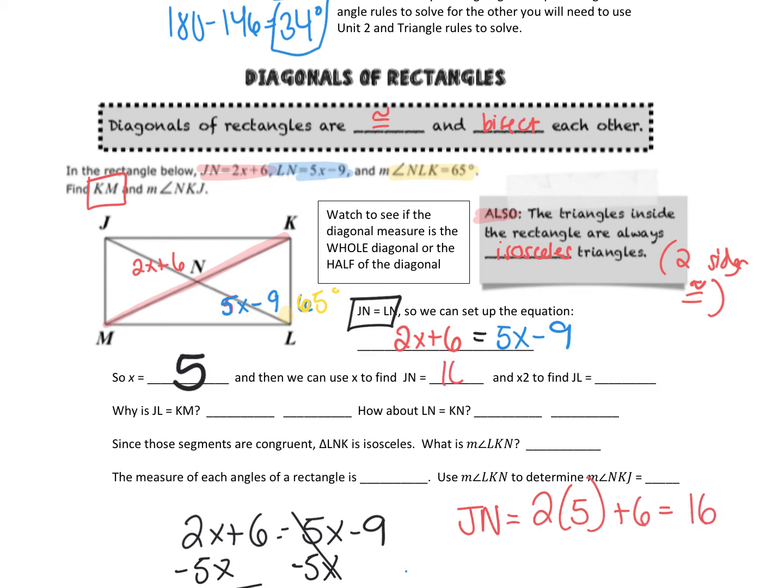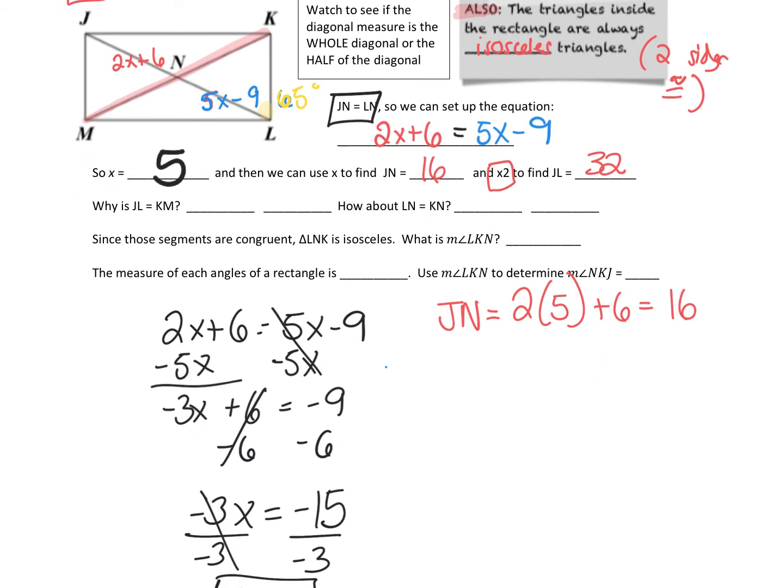So I know that JN is 16. So if this is 16 and that's only half of it, I'm going to multiply that by 2 to find the entire thing, which is 16 times 2 is 32. So that tells me that KM, which is one of the ones that they want us to find, is in fact 32, has a length of 32, because the diagonals are equal.